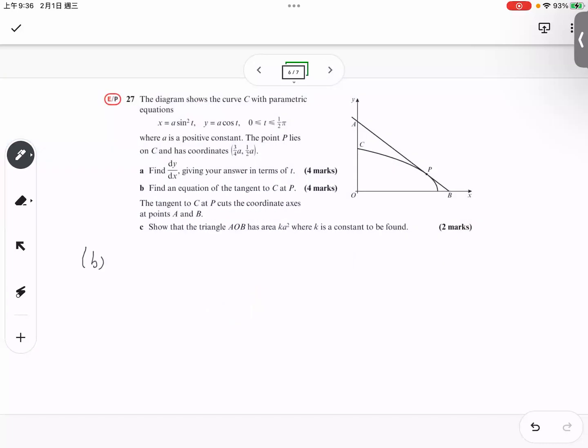I'll give you some hints first before you do it. To find the equation of the tangent, we have the point, obviously, that is 3/4 a and 1/2 a. So what I need is the gradient at P. So what is that?